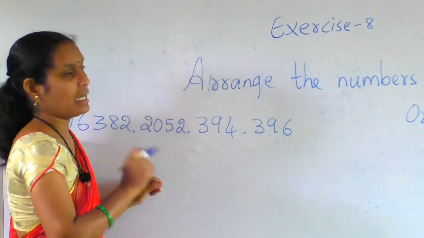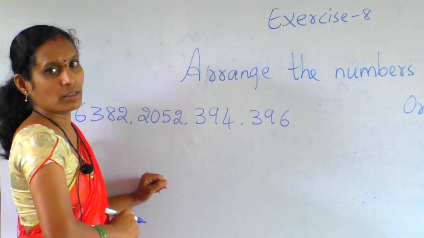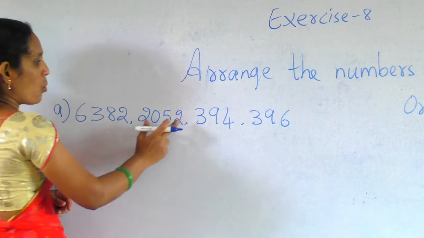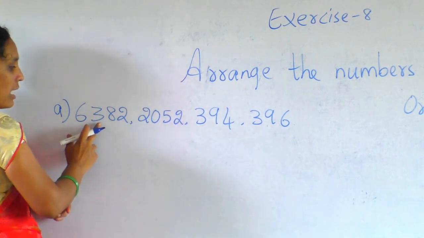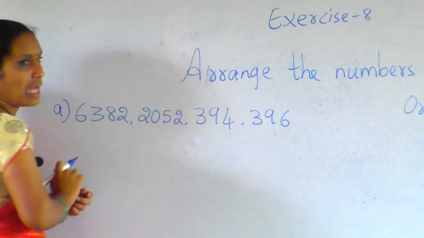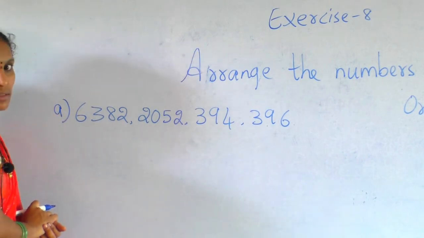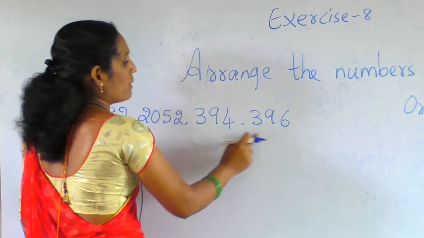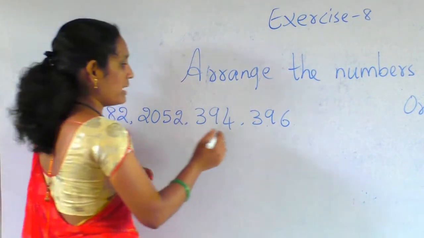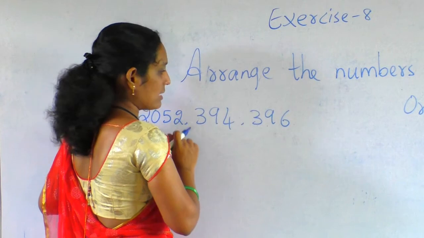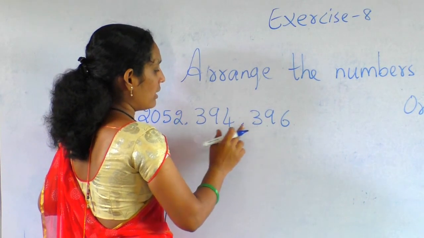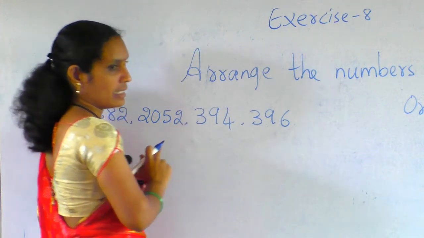Then first you see the place value of the number. Okay. See, this is ones, tens, hundreds, thousands. These both numbers are in thousands place. These two numbers are in hundreds place. 3 is in hundreds place, 3 is in hundreds place.